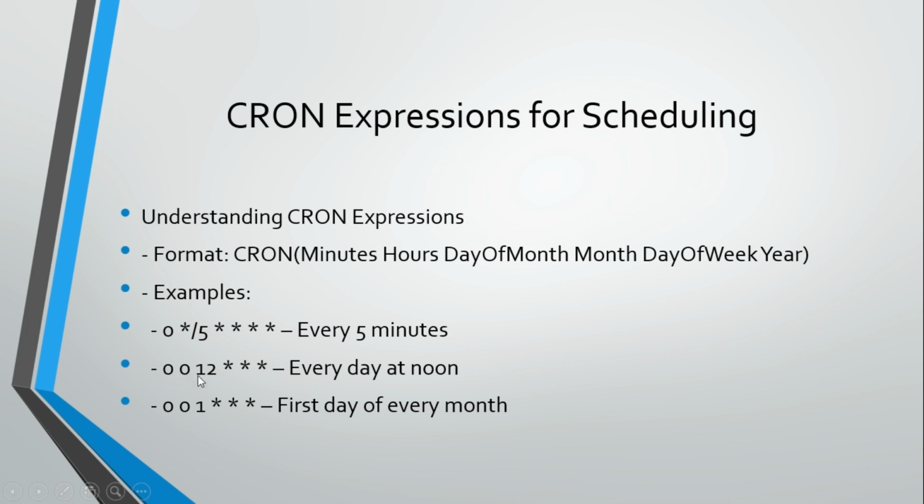The time format is 24 hours format. If you want to run a function on the first day of every month, then you define the day as 1. So that's how it works.